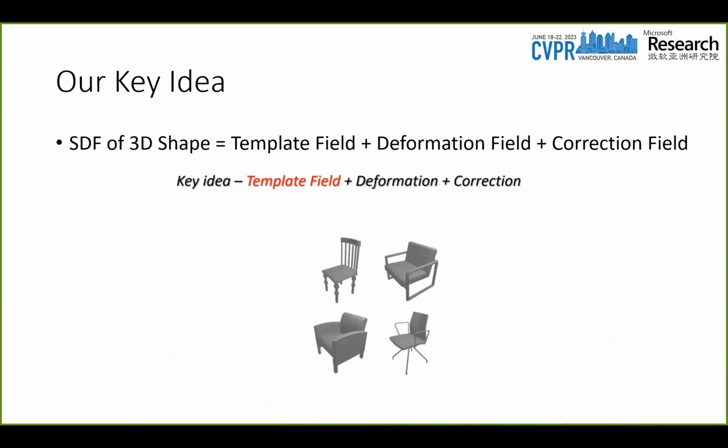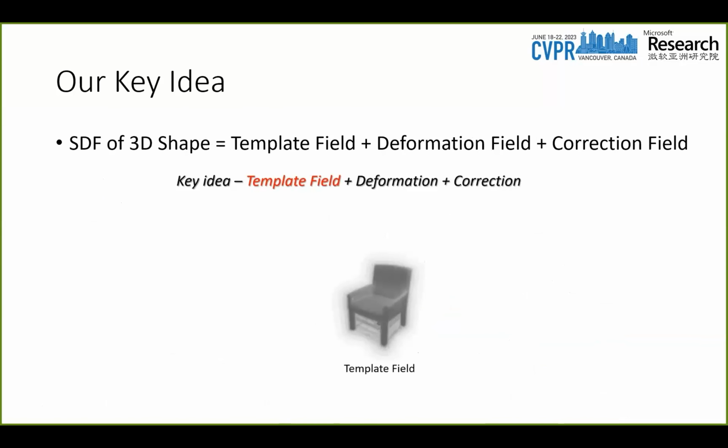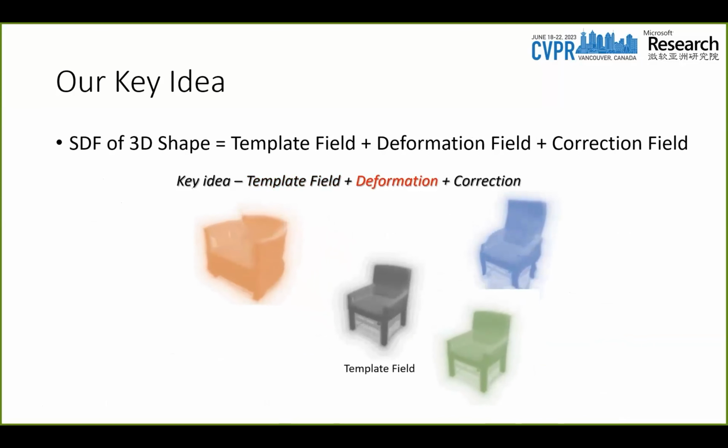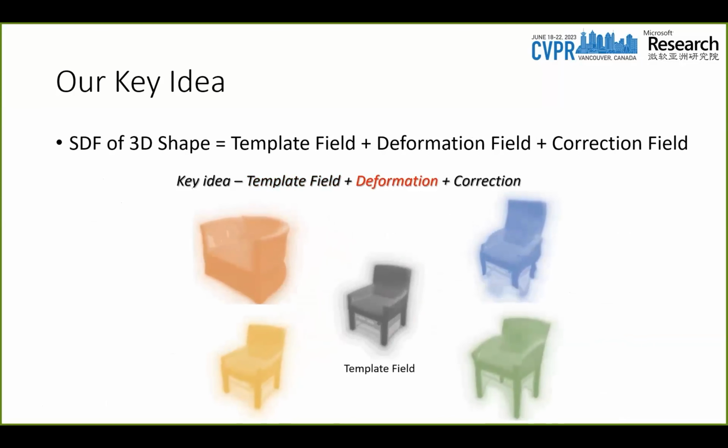Our key idea is to model the signed distance field of a 3D shape as a deformation of a template field shared by all the shapes and then correct it with a residual field.